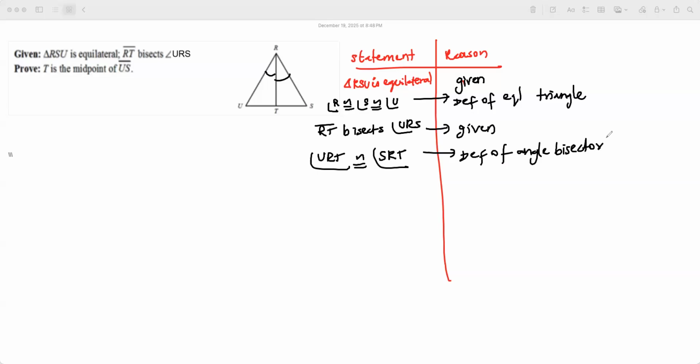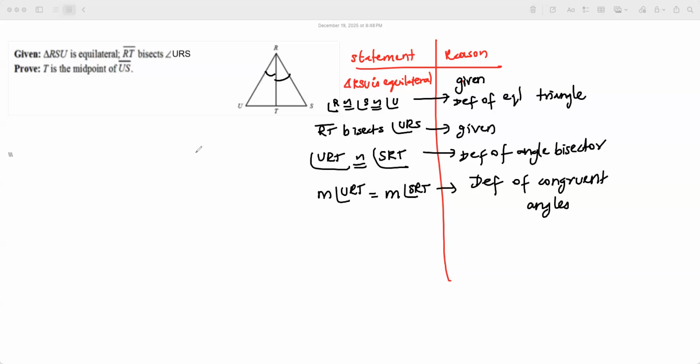And then you can write measure of angle URT. See, congruence is different from measure, right? Congruence means it's an object, same shape, same size. But when you say measure, it means angles are equal. Measure of angle SRT, okay. Angle bisector. Definition of congruence. Congruent angles.